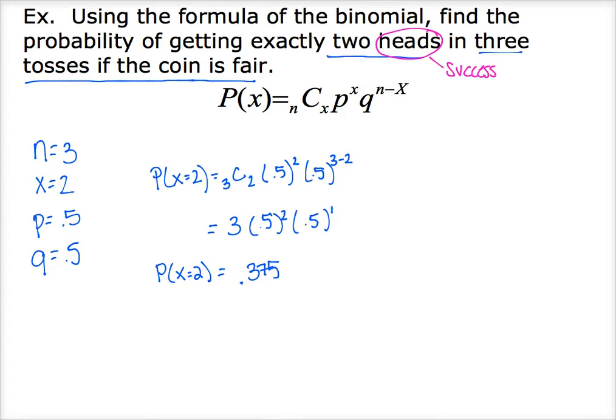Using our calculator to evaluate, we get that the probability of getting exactly 2 heads is equal to 0.375.